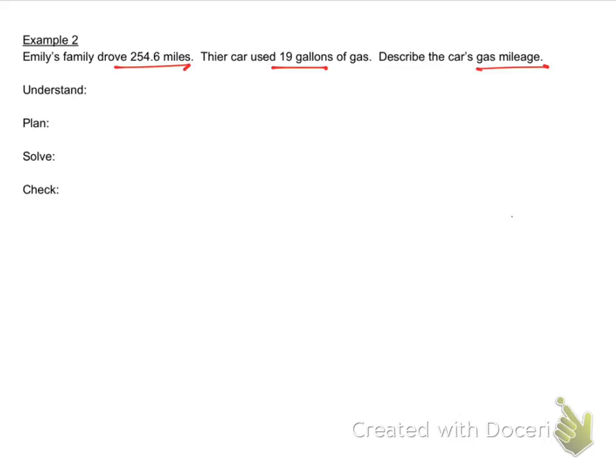So, how do I find gas mileage? Richard? You divide. Divide what? Okay, we're going to get there. But overall, before we put numbers into it, we need to make that plan. What is that equation? So, gas mileage is equal to what? You are dividing. I would agree. Divide.